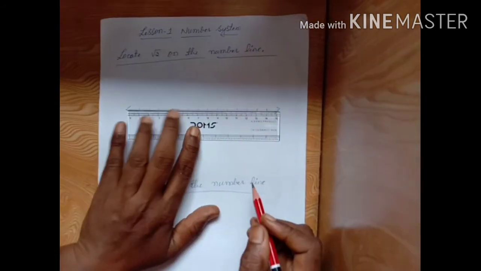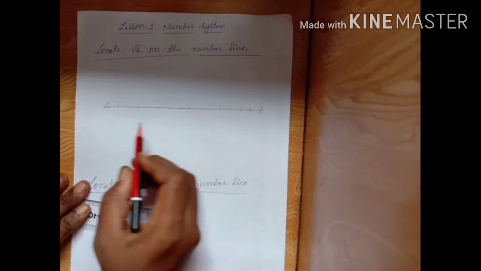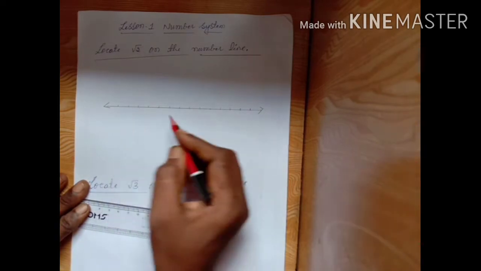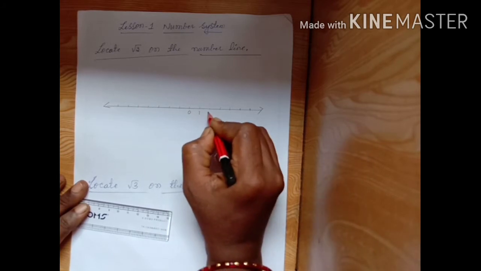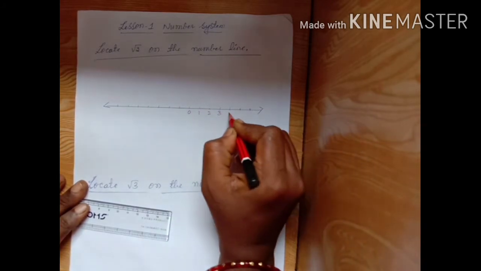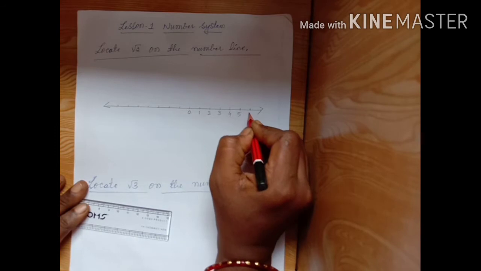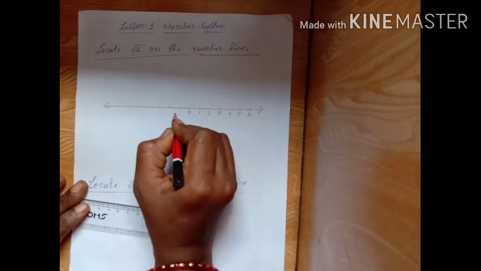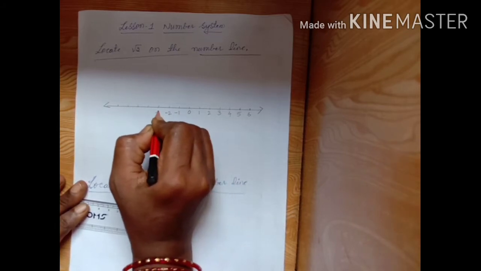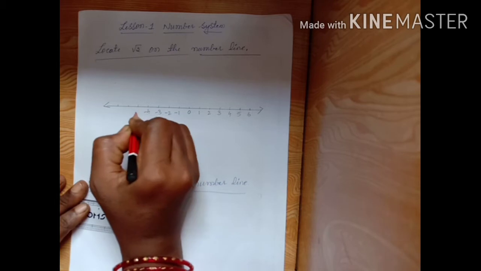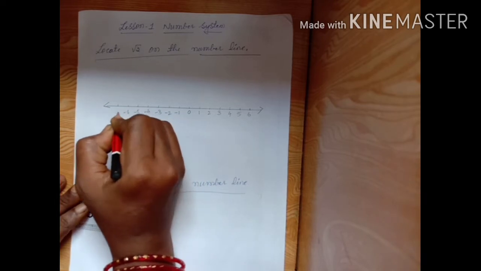Now I am marking here 0, then plus 1, plus 2, plus 3, plus 4, plus 5, plus 6, and so on. On this side we write minus 1, minus 2, minus 3, minus 4, minus 5, minus 6, minus 7.